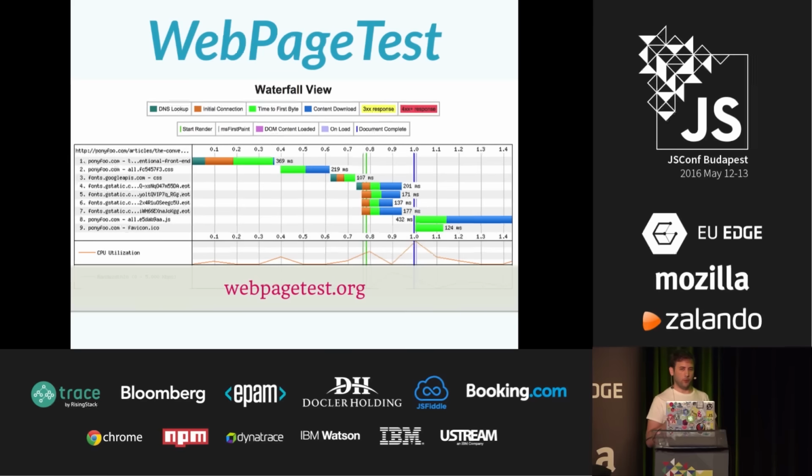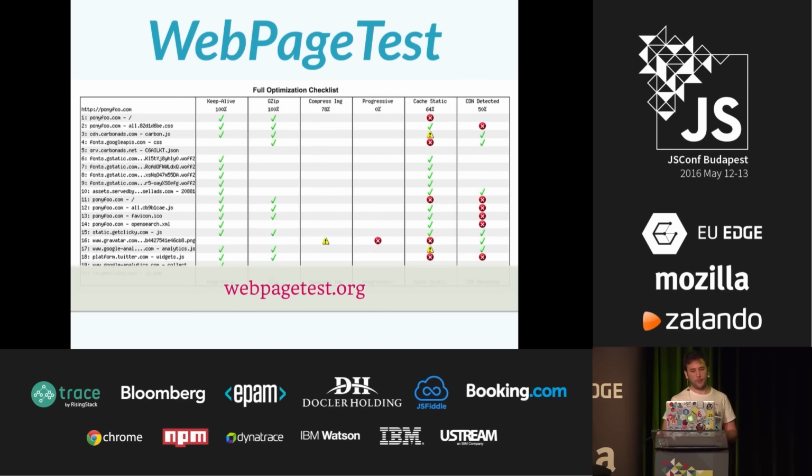And maybe if you were able to load those fonts asynchronously, or not load them at all, maybe because they are cached, you'll save like 600 milliseconds or even more. So it's really easy looking at this to figure out how to parallelize your downloads so that it takes a shorter amount of time. And just as you had the grades in general, you can also look at these grades on a per resource basis.